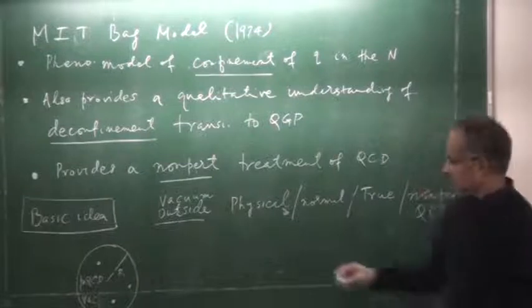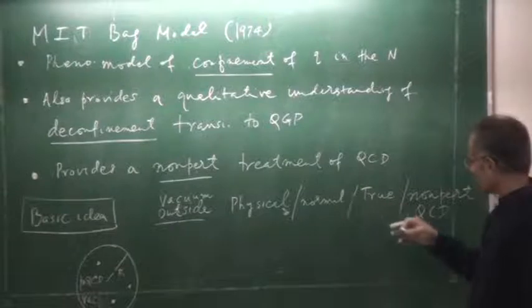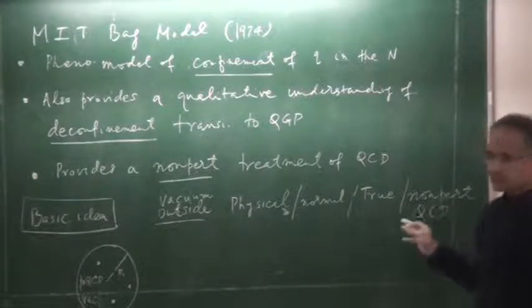The vacuum outside is the usual physical vacuum, also called normal vacuum or true vacuum or non-perturbative QCD.